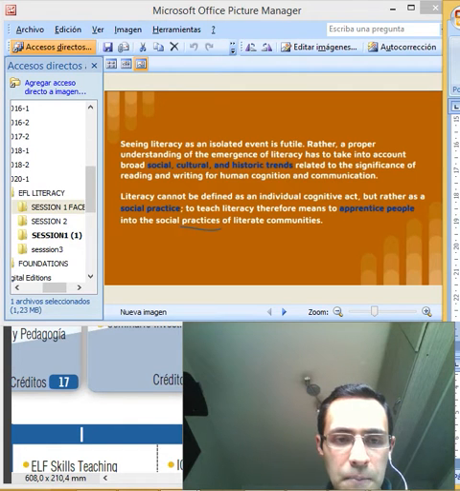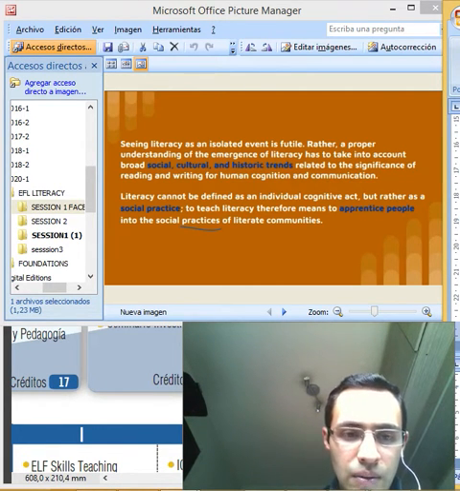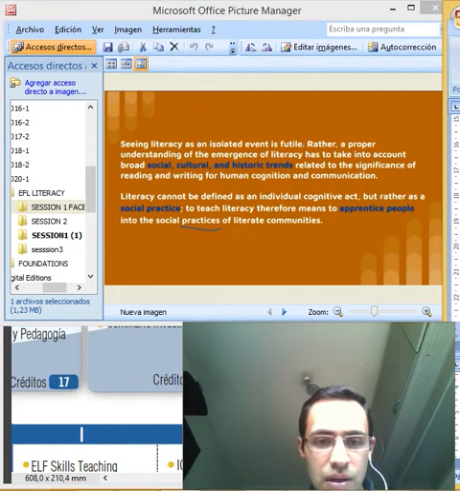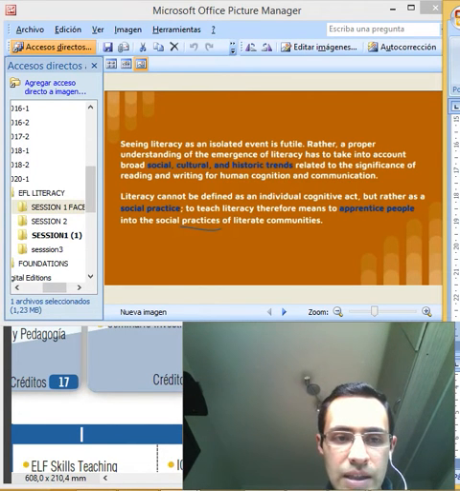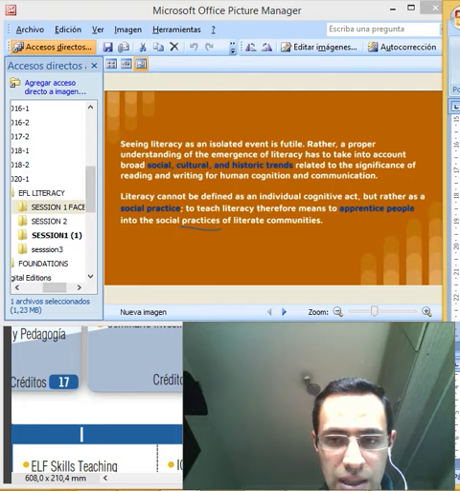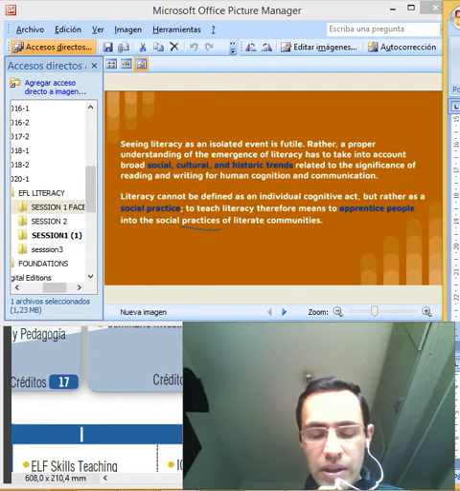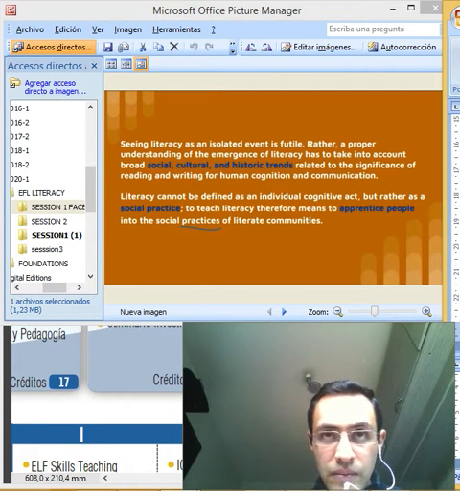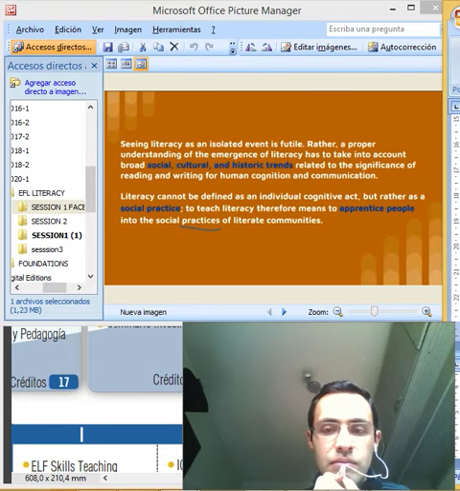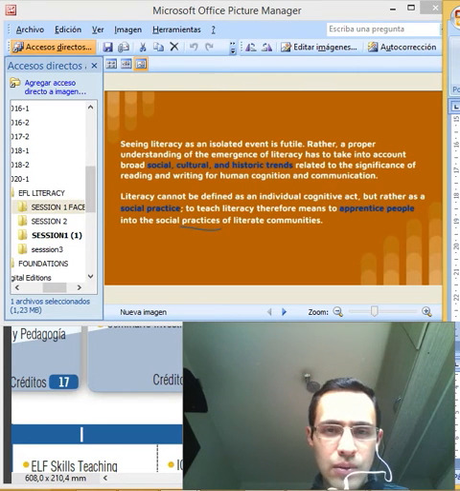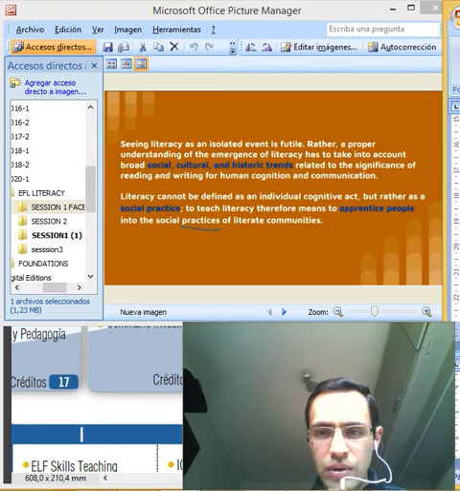But as we can see, literacy is not defined only as an individual cognitive act. It is a social practice, and this social practice is much better now, in the case that we are in school or in university.